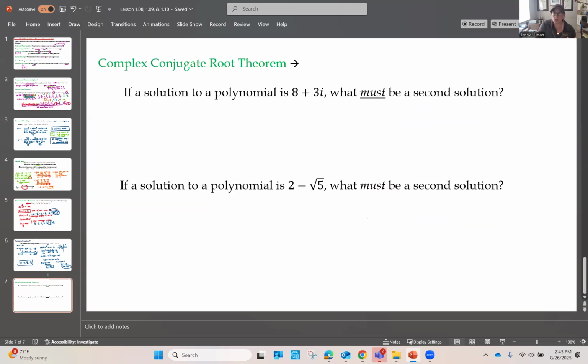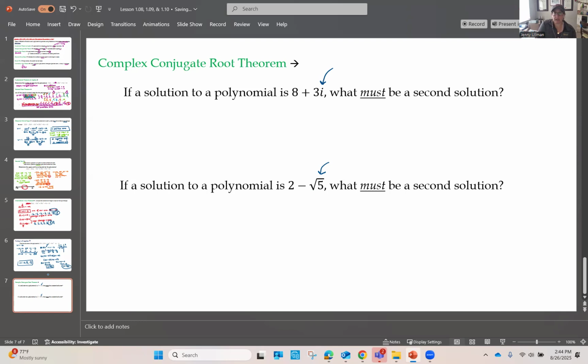So how this works is if you know one answer and it has an i or a radical, you automatically know the second answer. So this first one says, if a solution to a polynomial is 8 plus 3i, what must be a second solution?